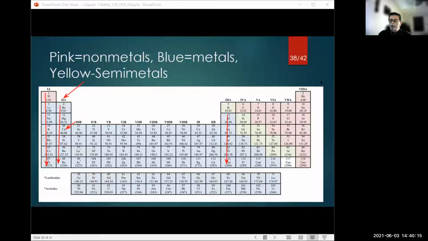The thing to remember is that everybody wants to be like the noble gases that I showed you, group 8A. Everybody is striving to maintain a magical number, 8 valence electrons. Valence means that every one of these guys has a different number of electrons, and valence is the outermost shell.